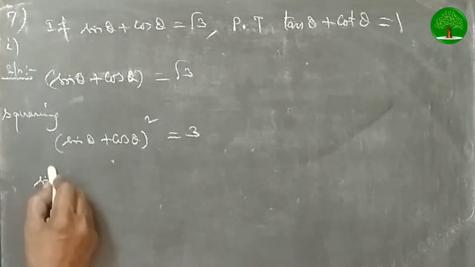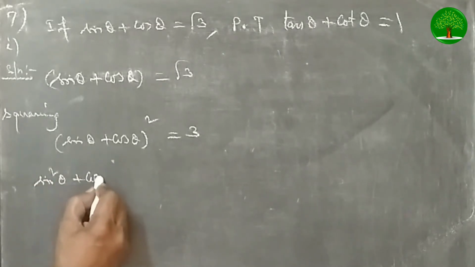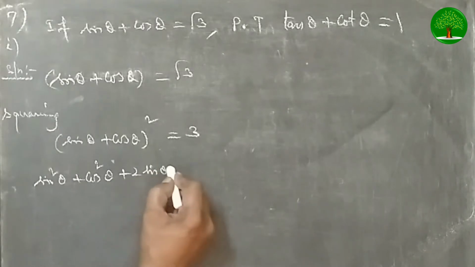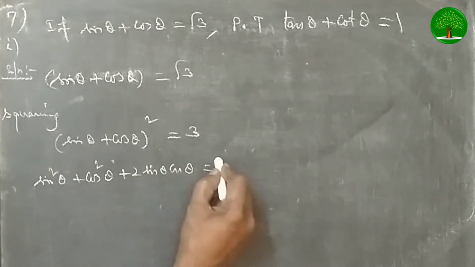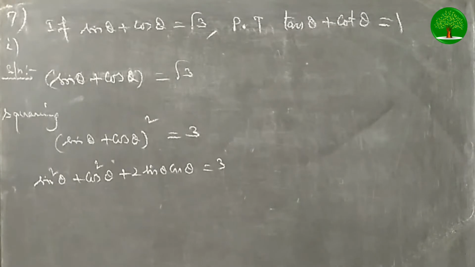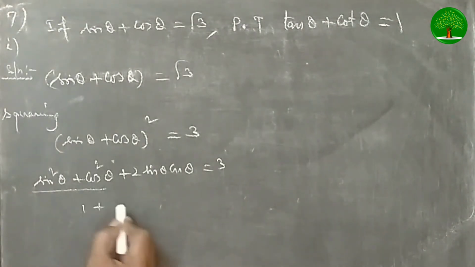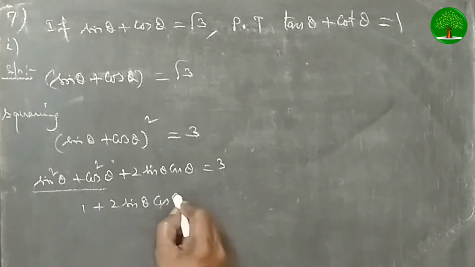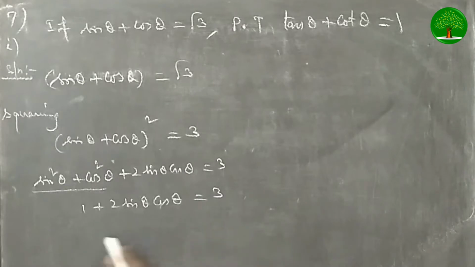This is sin square theta plus cos square theta plus 2 sin theta cos theta is equal to 3. Therefore, this equals how much? 1. 1 plus 2 sin theta cos theta is equal to 3.